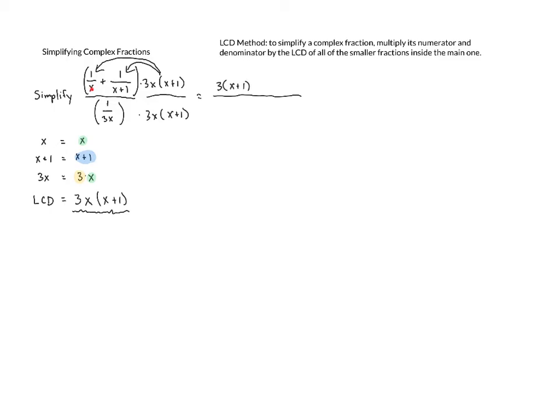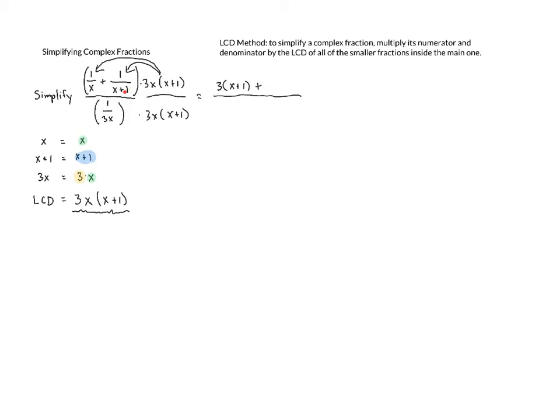I'm not actually going to cross out the x's, because while this x cancels with this x, when we distribute to the other term, we have the x plus 1's that cancel. So we don't want to actually cross something out, or we might accidentally think that it cancels in more than one term.